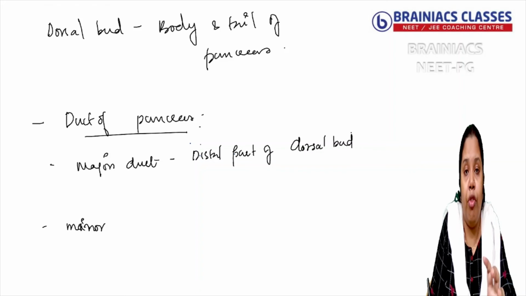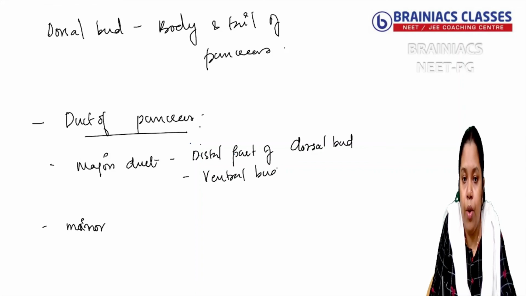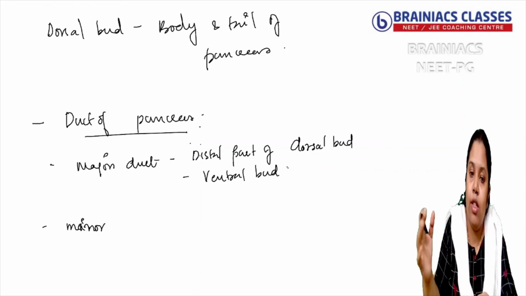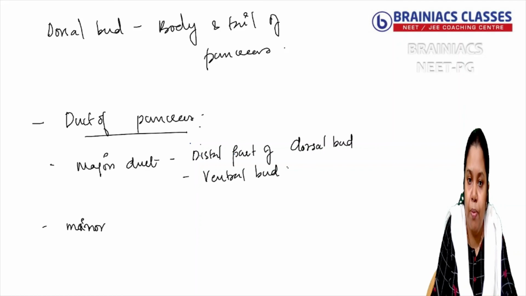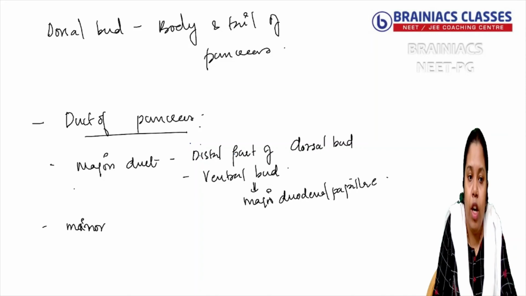It also drains the ventral bud, that is the head. It drains into the major duodenal papilla, and that is the duct of Wirsung.